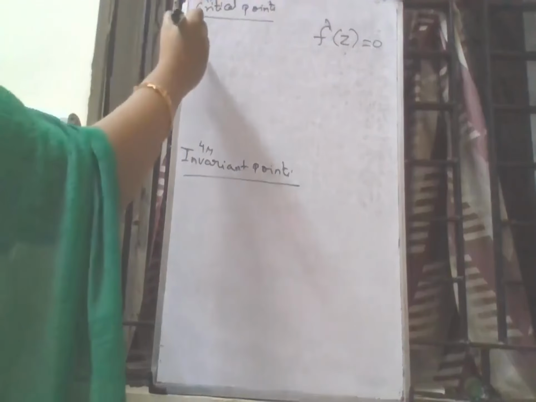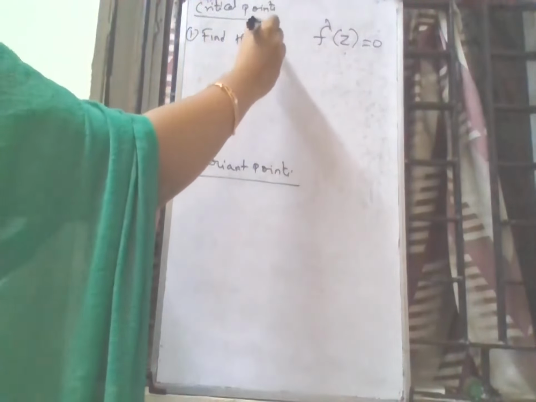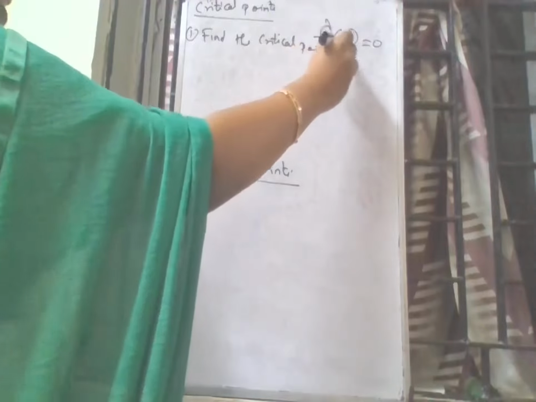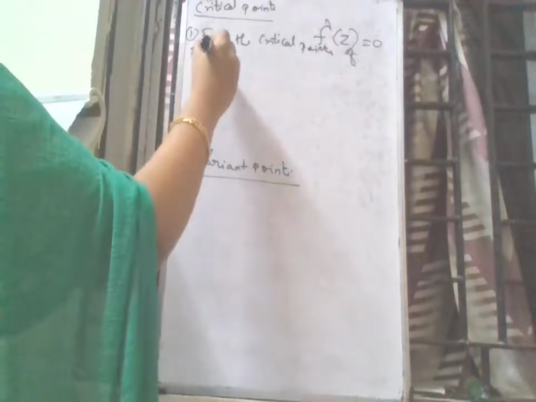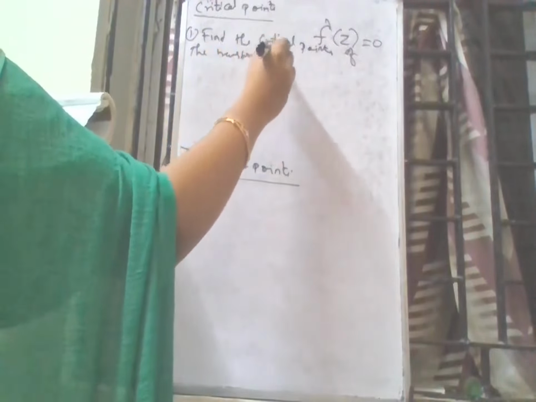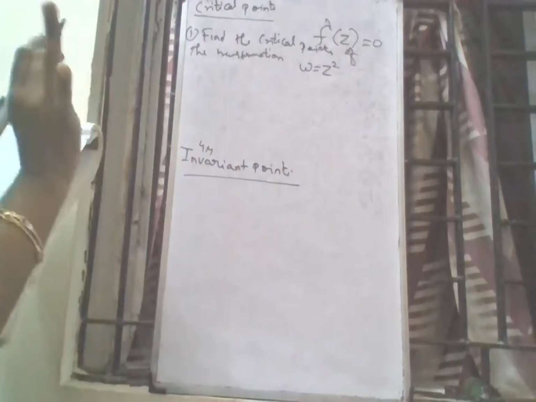Okay, let us go for the problem. The question is this: find the critical points of the transformation W is equal to e to the power Z square. Okay, so what did I say?